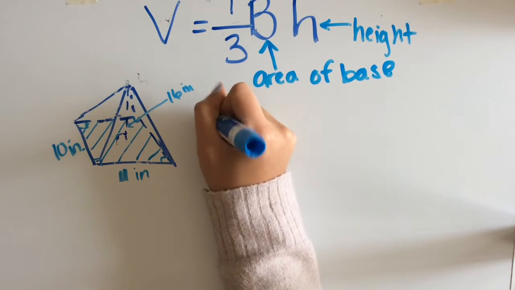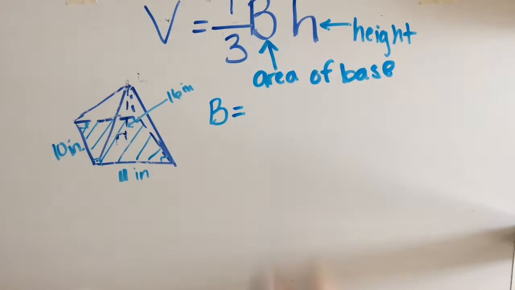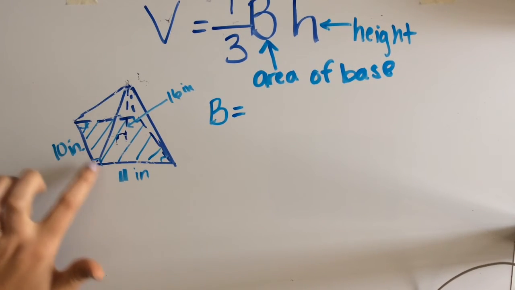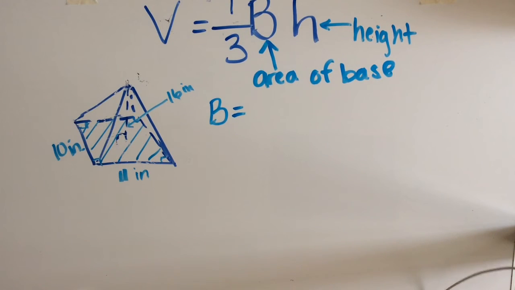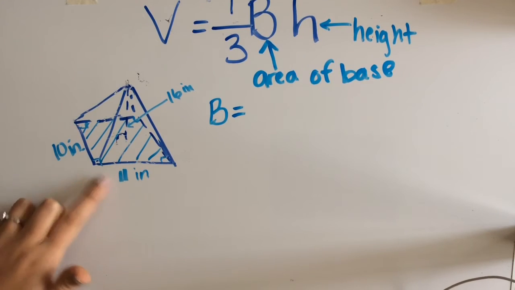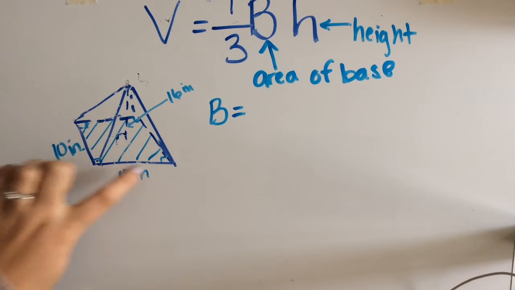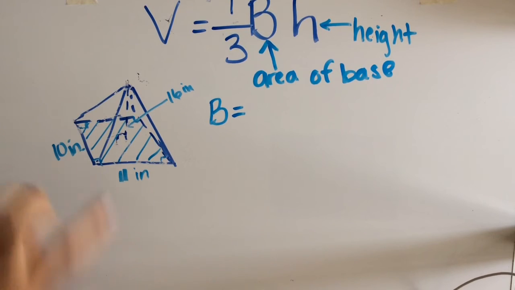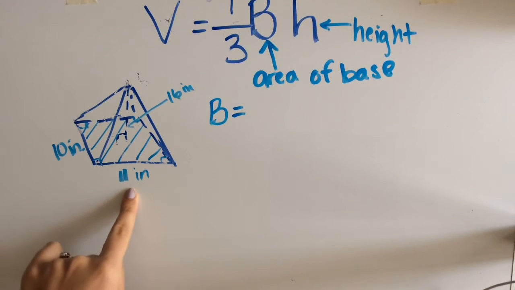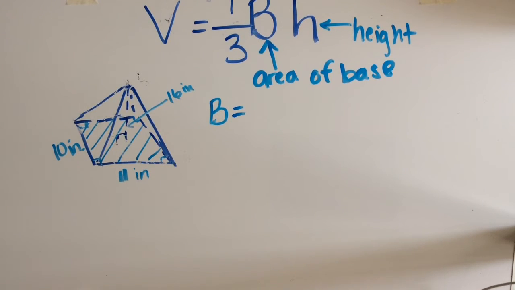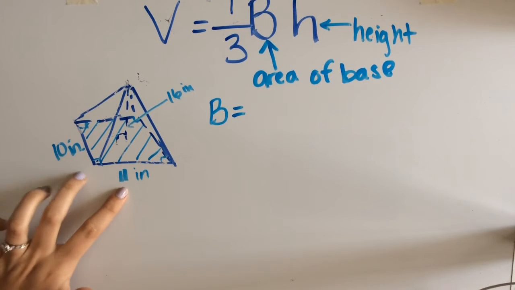So first we need to find big B, because we have all the rest of that information. So we want to find the area of that square or rectangular base, right? It's a rectangular base because we know all these corners are 90-degree angles, so it's either a rectangle or a square, but this side's 11 inches and this side is 10 inches, so it's not a square since they're two different sizes.